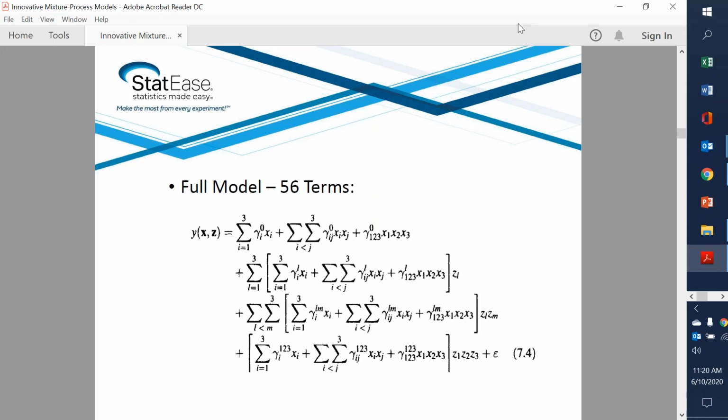The X's represent the mixture components. John loves every possible interaction he can create. Notice you don't see a Z squared term in there anyplace. Okay? John doesn't think that way. He likes interactions, even up to 5th order, even up to 6th order on that bottom line.